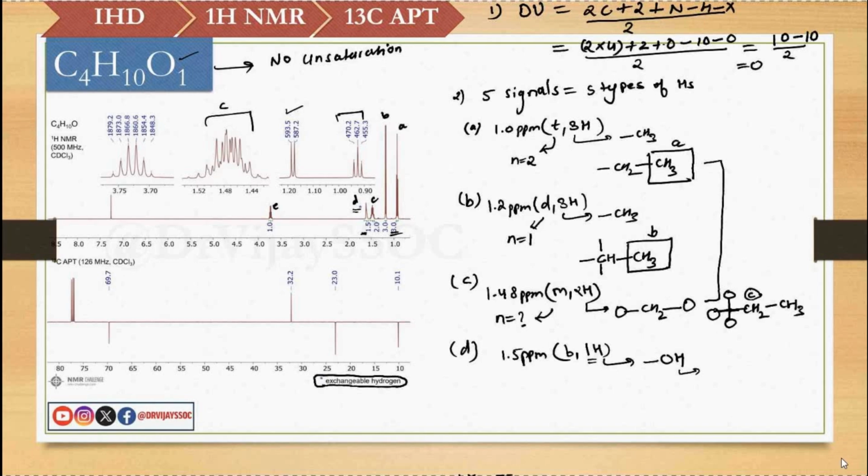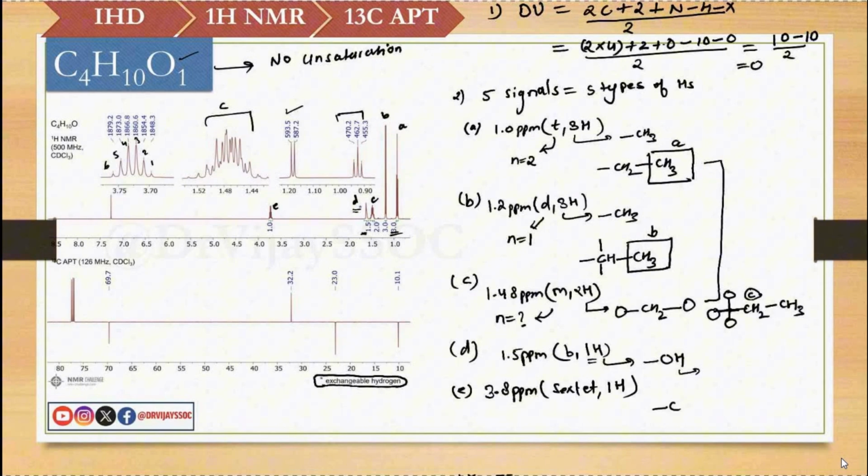Now let's look at the E signal. E is coming around, let's say, 3.8 ppm, and if you see this splitting pattern, 1 2 3 4 5 6, this is a sextet and corresponds to one hydrogen. So it could be something like this.